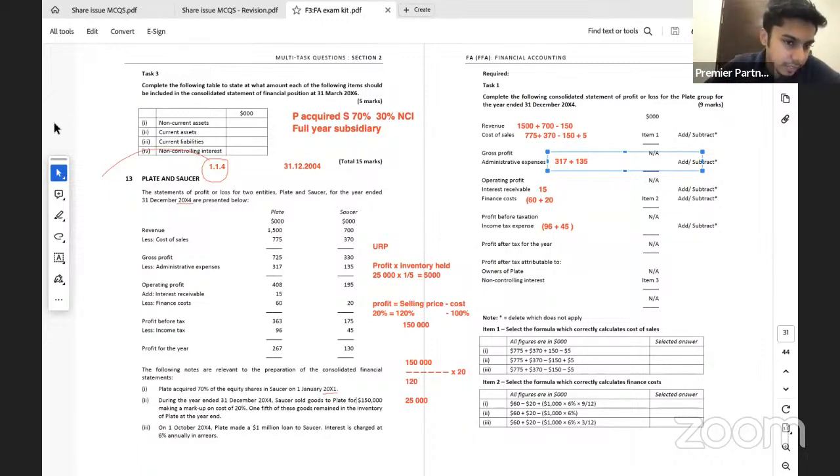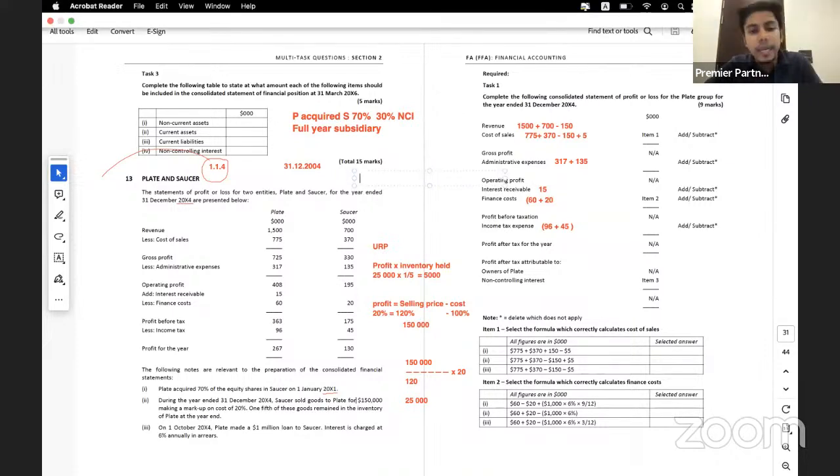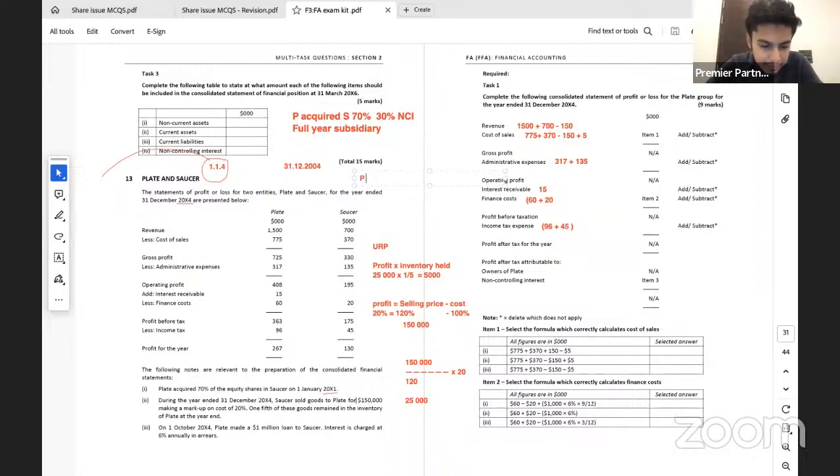The reason is that, in accounting, as I taught you last Monday, if parent is selling to subsidiary, the double entry for URP is inventory becomes credit and retained earning becomes debit.